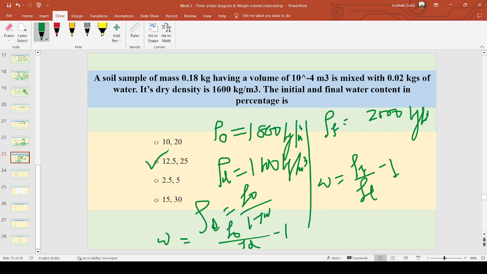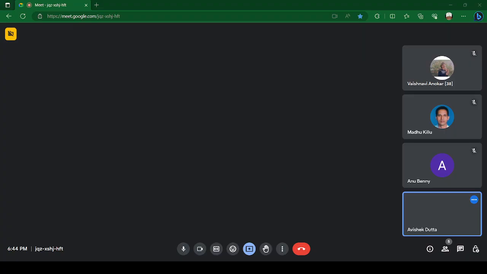Isn't it? Solve 1 and 5 and tell me the answer. What is the answer? Have you got the answer? So I'm calculating. Yeah.